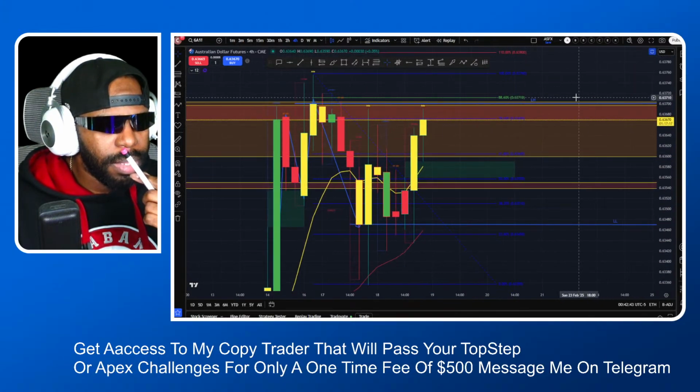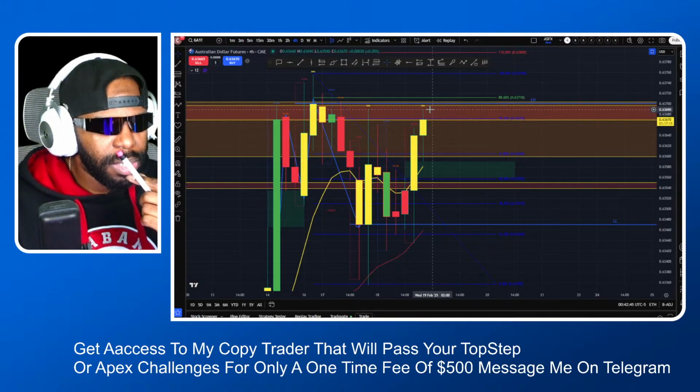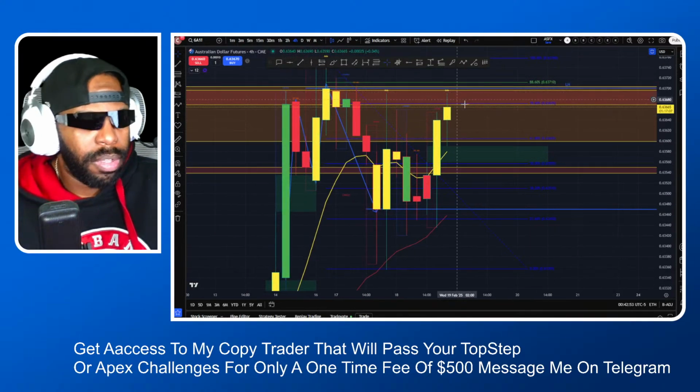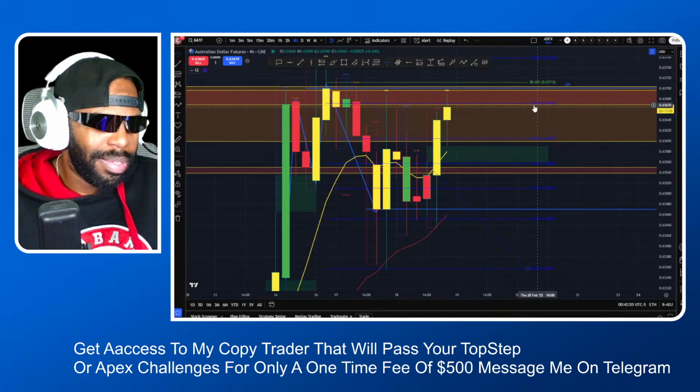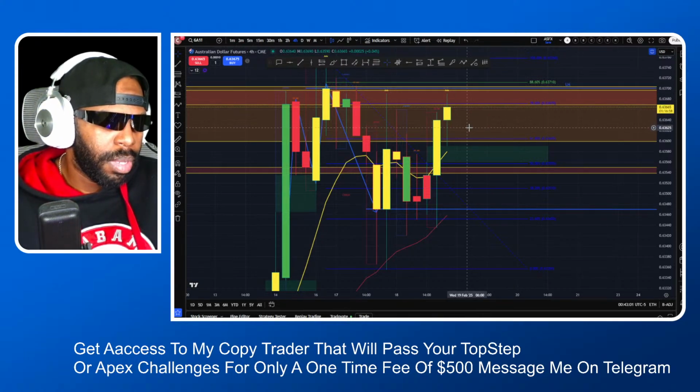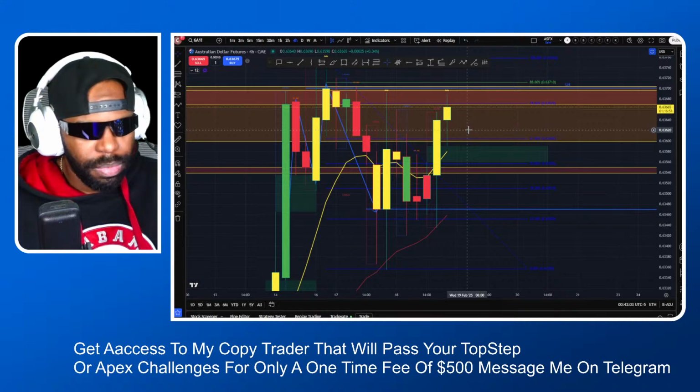I have a rejection zone here, so price might spike up past the 88.6 and then start coming down. We could look for sells at either the 78.6 or the 88.6 level on the Australian dollar, but we'll see.